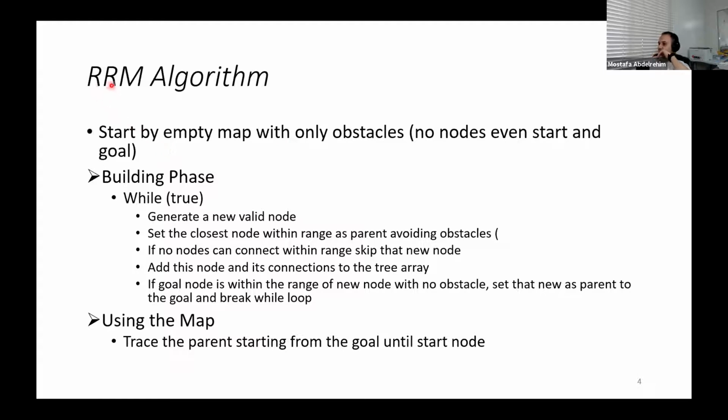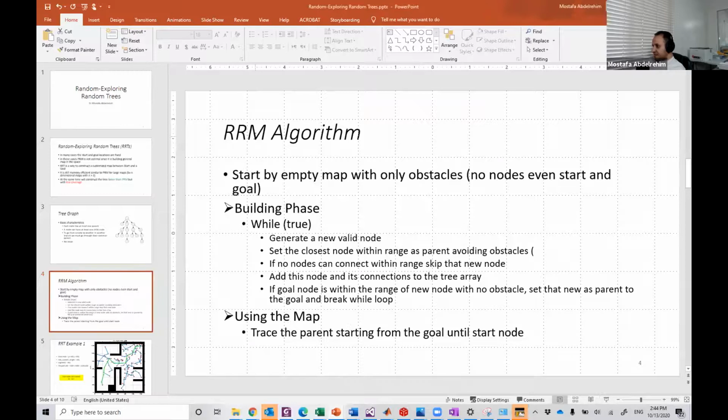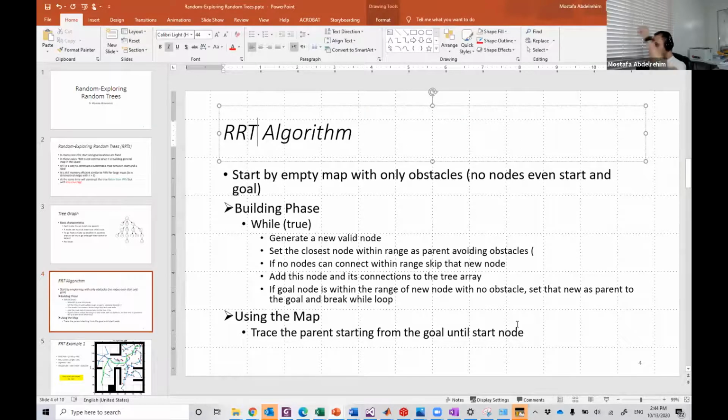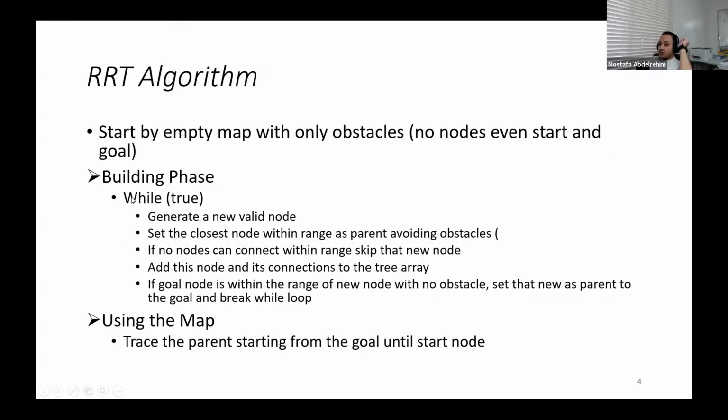So this is RRT, the RRT algorithm. Okay. Again, we have two phases, the building phase and the usage phase, we can say. But this one, the second one, is very interesting. In the building phase, it's something very similar to probabilistic roadmap.